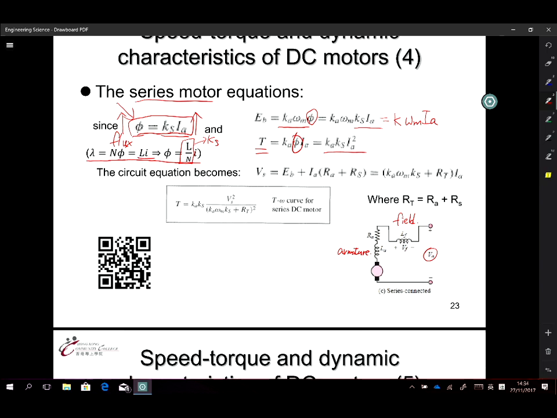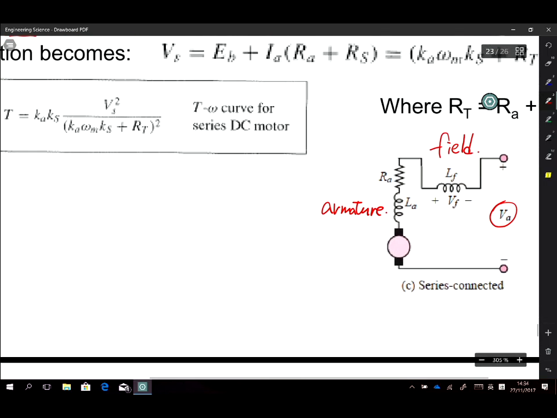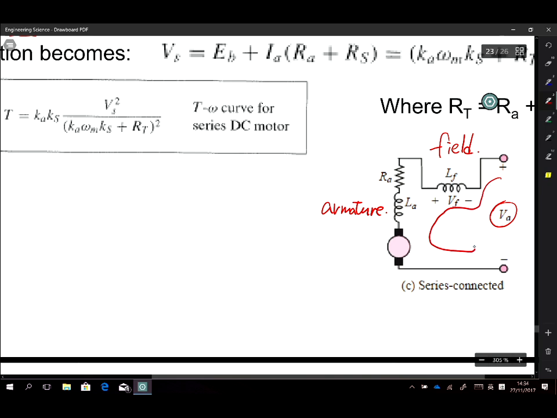Now if you apply KVL to the model, you can easily develop an equation: VA equals I times RA plus EB.